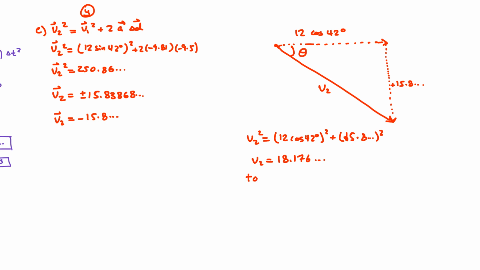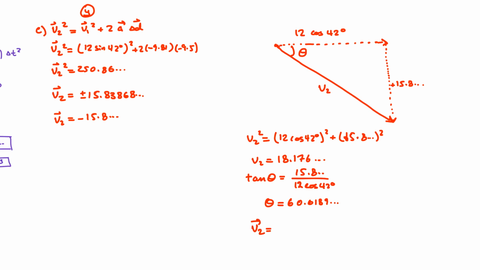And for my angle, tan theta is equal to opposite over adjacent, which is 15.8 over 12 cos 42 here. And when I take the inverse tan of that, I get 60.6189. And to represent my final answer here, I'm almost done.